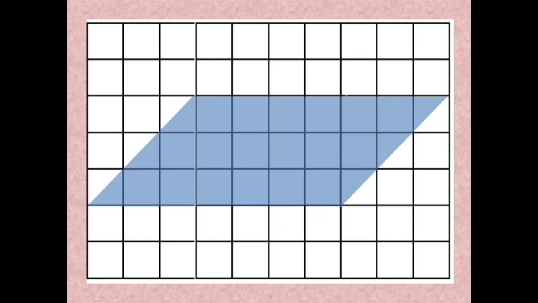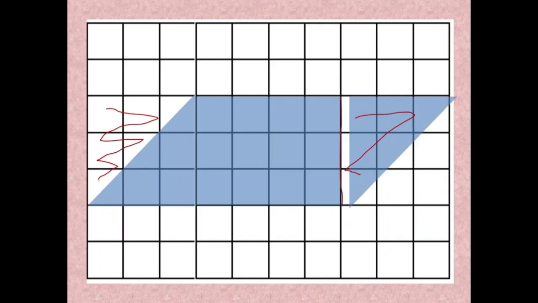So, if we cut this part from here, the one which is bulging out, I'm talking about this part, everybody, and fix it in this particular space, then what are we going to get? We are going to get a 7 by 3 rectangle.